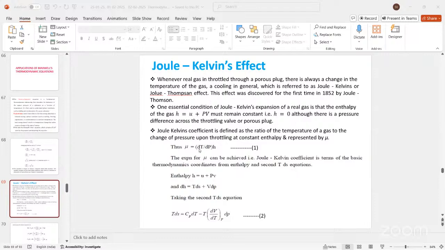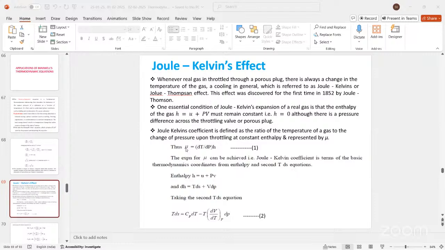So here, what is mu? It is the ratio of change of temperature to the change of pressure.